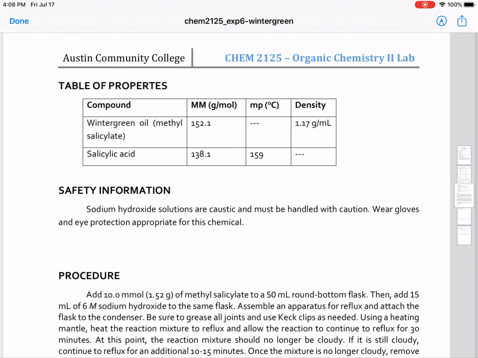There is no melting point since it's a liquid, but we have the boiling point for that. The density of wintergreen oil is also given. Salicylic acid is a solid, and the molar mass and melting point are also given to you. You can use this information, the molar masses, to find out the theoretical yield and afterwards the percent yield.